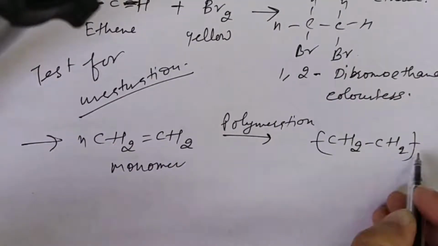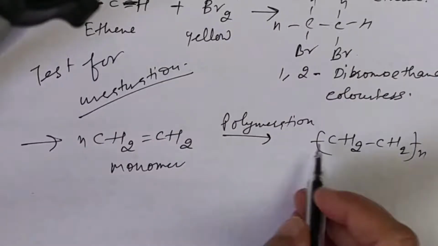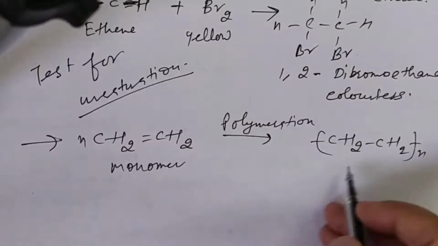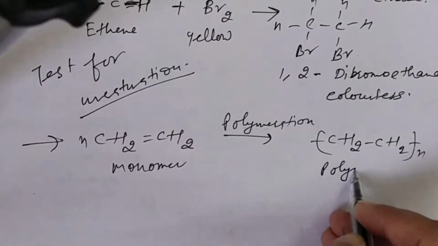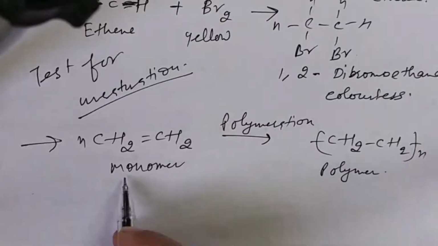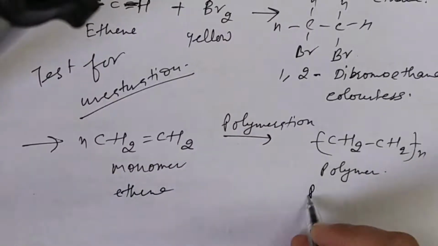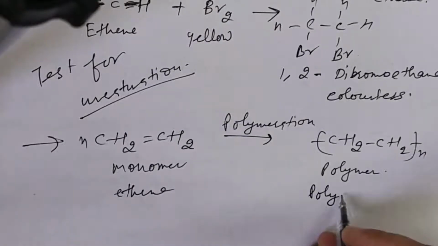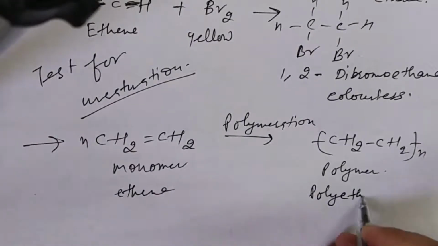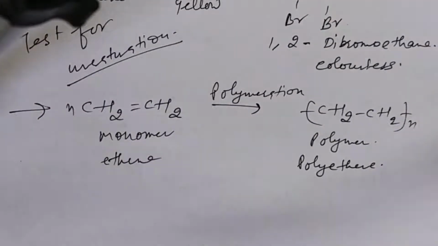N number of this long chain of polymer is formed. Okay, so if you are taking the example of ethene, then polythene is formed. From ethene, polythene is formed. Similarly, from propene, you can get polypropylene.